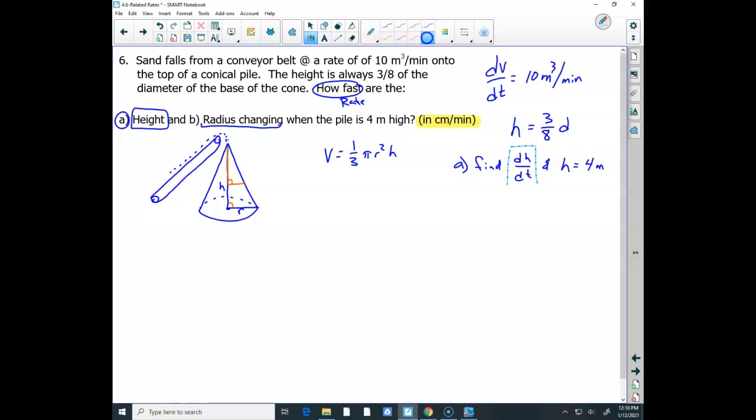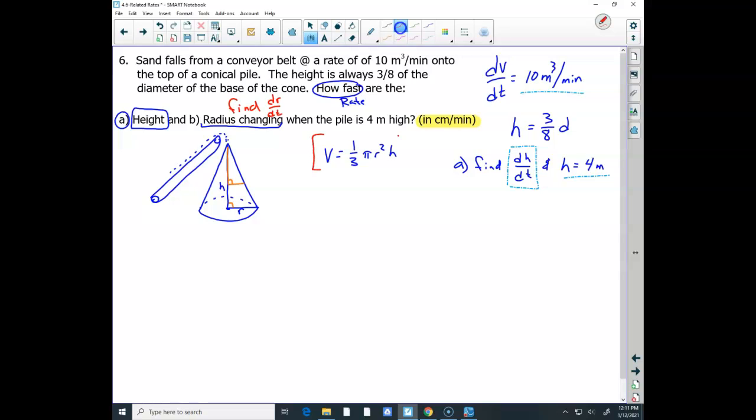That's what they want me to find in part A. Given h is 4, dV/dt is 10 cubic meters per minute, and the height equals 3/8 of the diameter. Well, what I don't want to do here right away, because I can see here in part B, they also want me to find, okay, dr/dt.